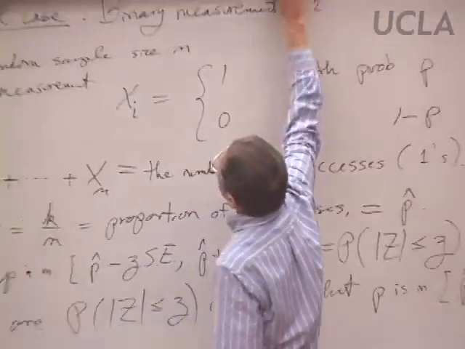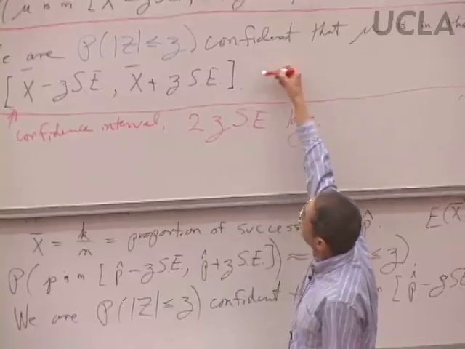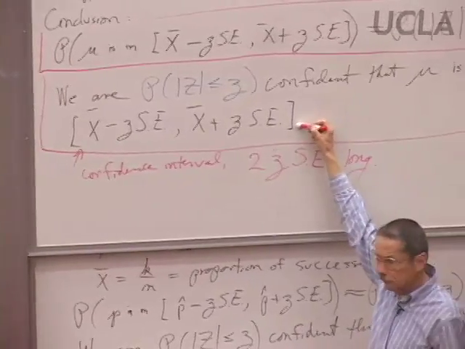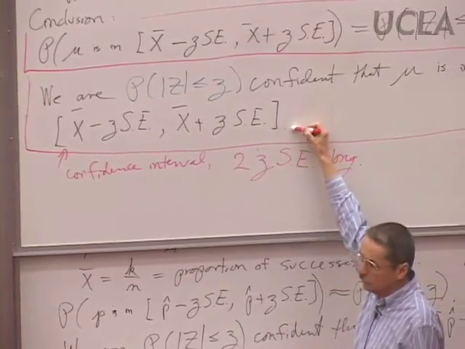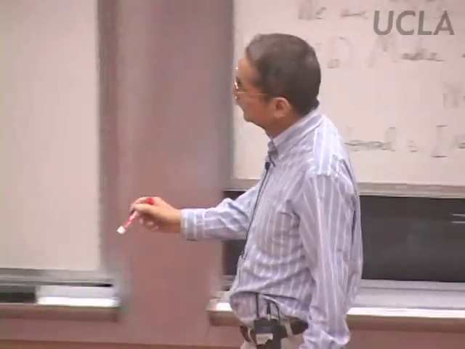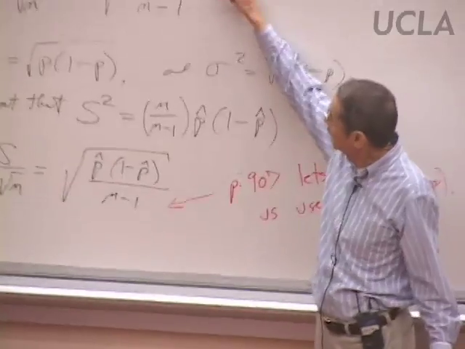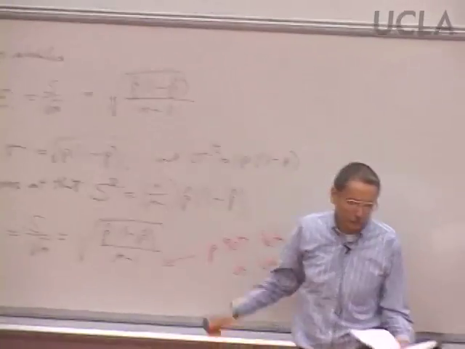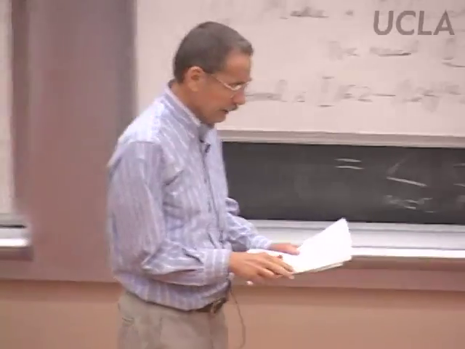So it's like what we said before in the general case for confidence intervals. But for binary variables, there's this shortcut for finding standard errors.